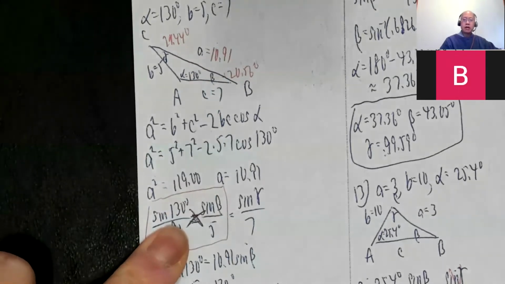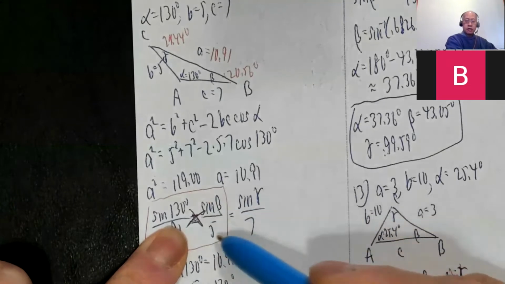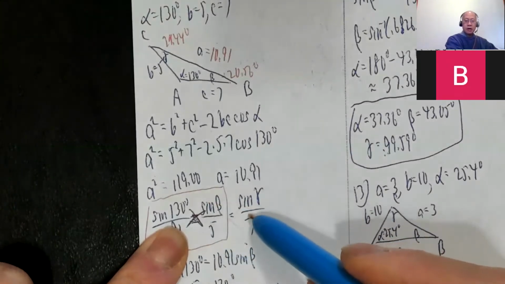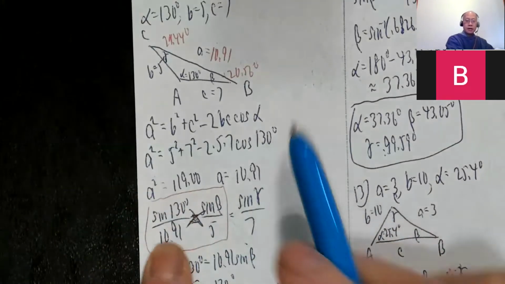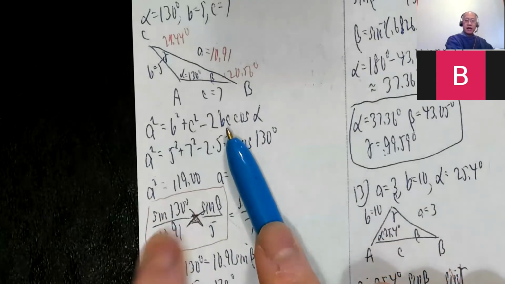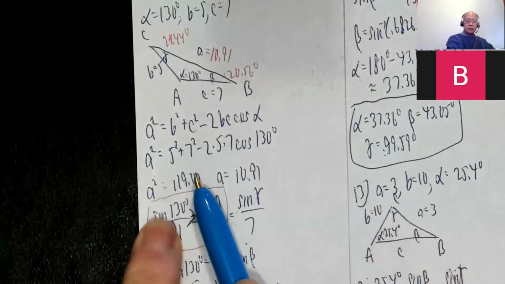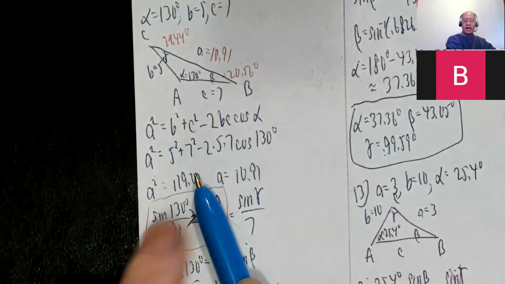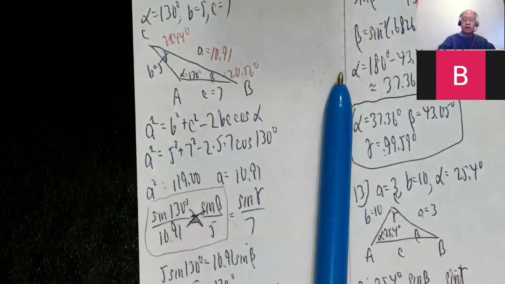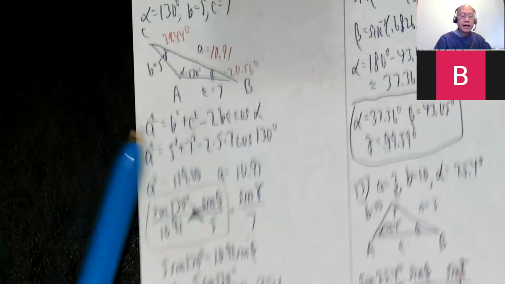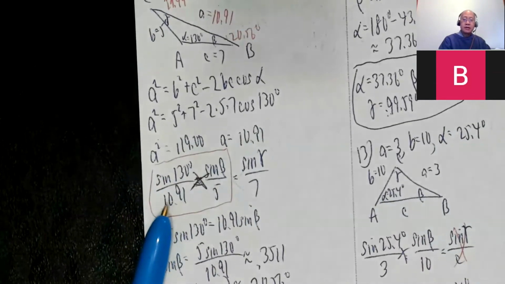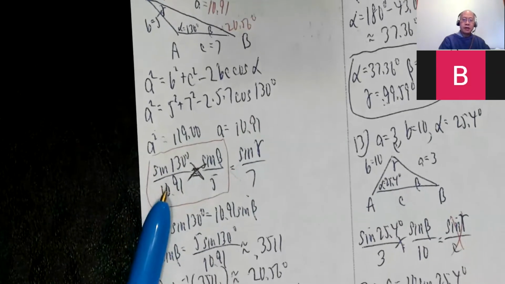There's no way I can cross multiply to get what I needed, because you have exactly one letter of each. If I cross multiply here, you got a beta and a gamma. If I cross multiply here, you would have a beta and an a. If I cross multiply here and here, you'd have an a and a gamma. So you have two variables, so there's no way to do it. But now that I have one a and alpha, I can go from there.